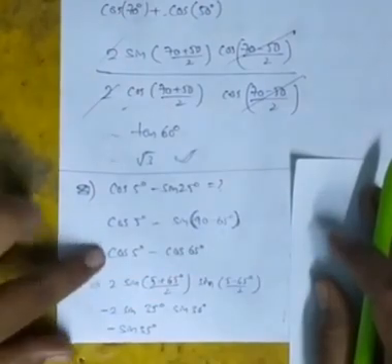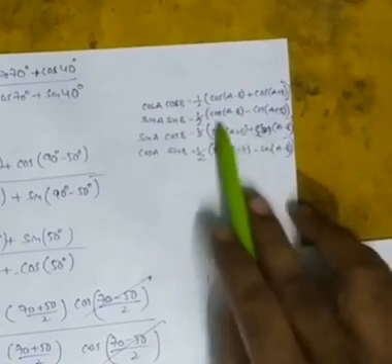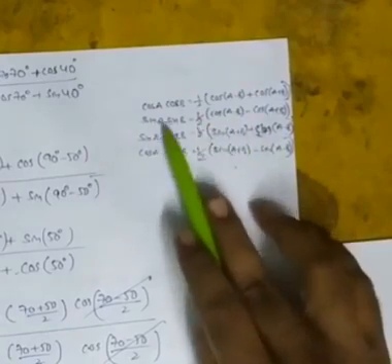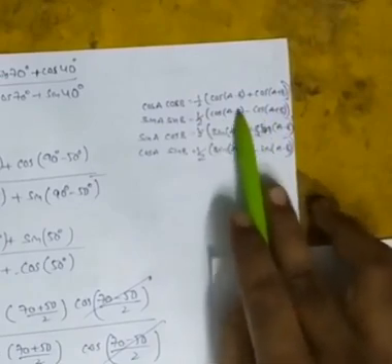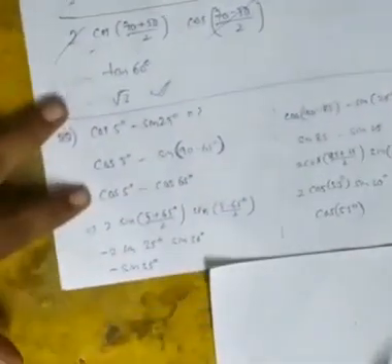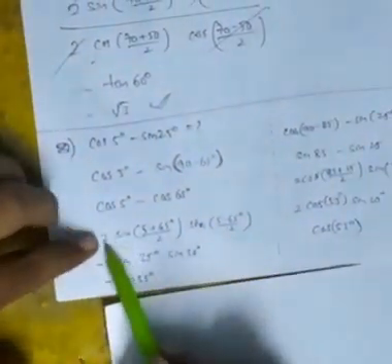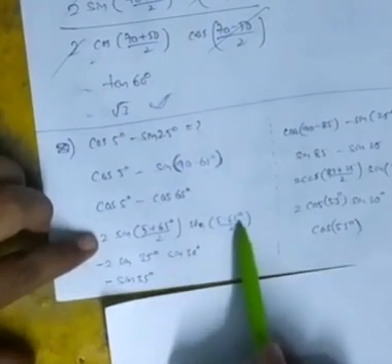So cos minus cos is the second formula. It will become 2 into sin, sin. Writing as it is, 2 into sin of a plus b by 2, sin of a minus b by 2.